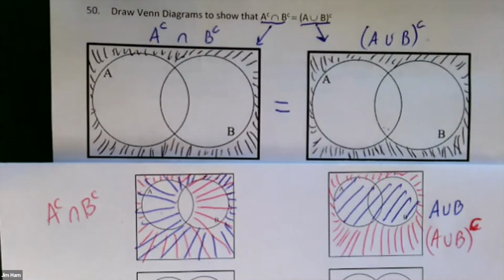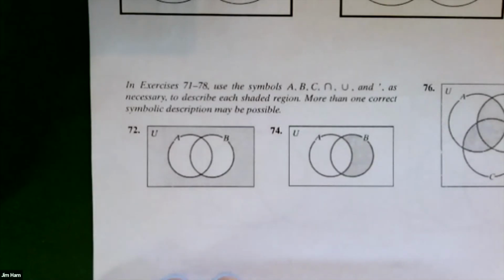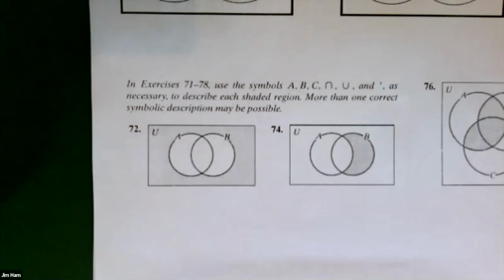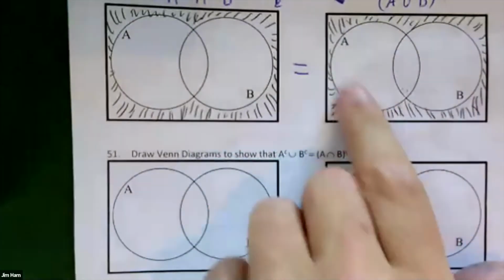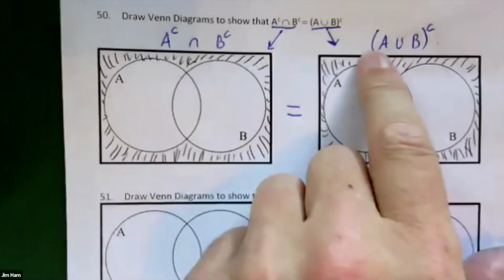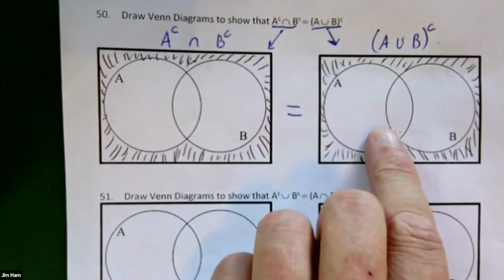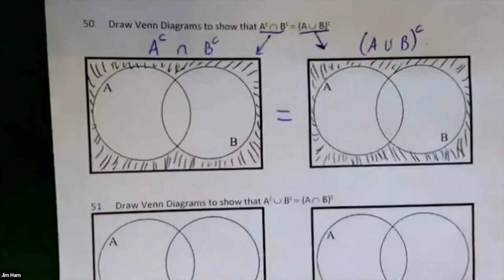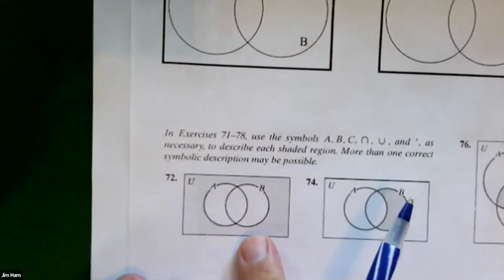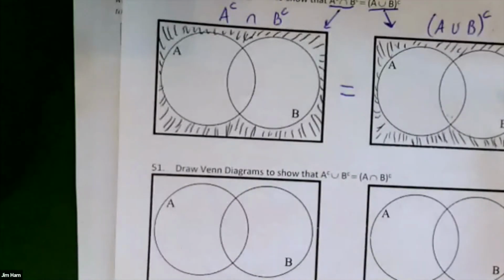So you'll have some problems like this where you verify that two sets are equal. These other ones will take some practice, but here's what the problem is. If you were given the region, could you come up with a set that describes the region? That's what they're going to ask you to do. In fact, this one here is exactly this set.